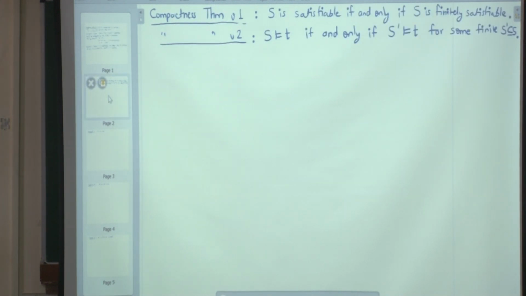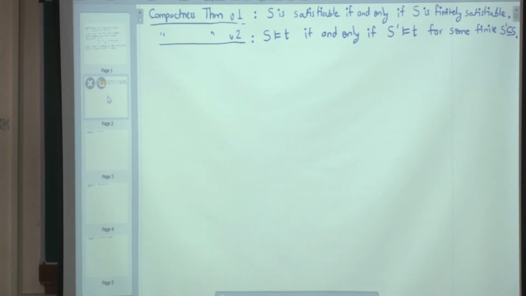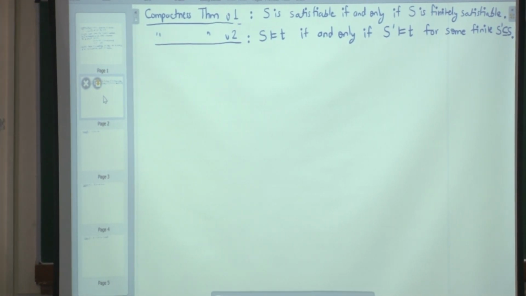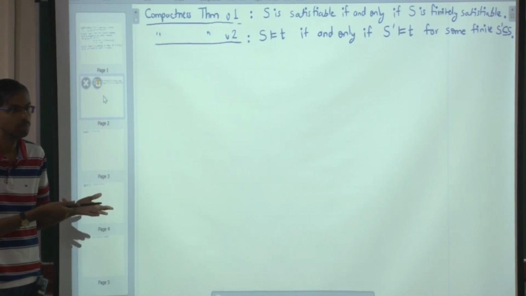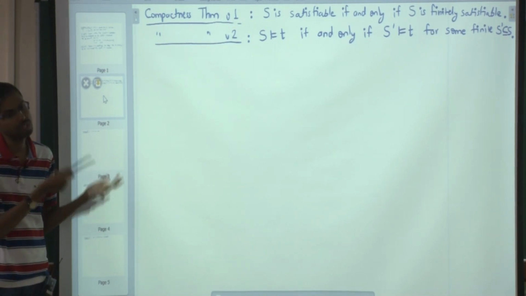Okay, good. So let's go to the next one. We want to prove compactness theorem version 1 and version 2 from the completeness theorems. We have already done one part in the class, we have proven version 1. Now how would you like to prove version 2? Either you can use version 1 to prove version 2, or you can use the completeness theorem.